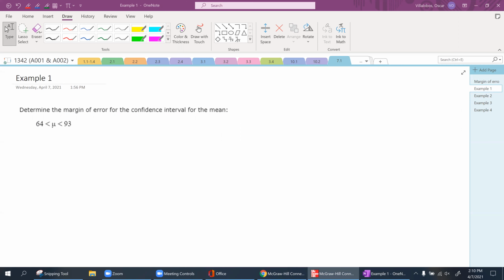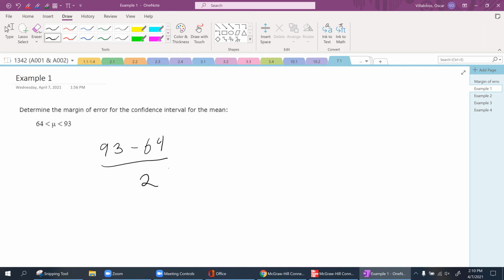In our first example, you're given mu bounded between 64 and 93, and we need to find the margin of error. With these bounds, it is going to be 93 minus 64 divided by 2.